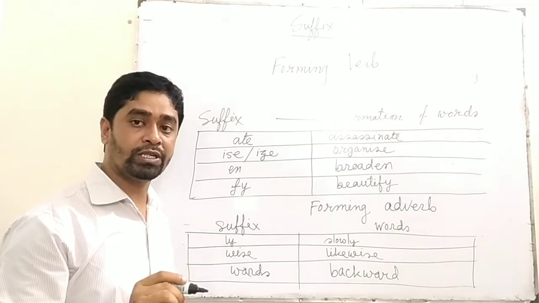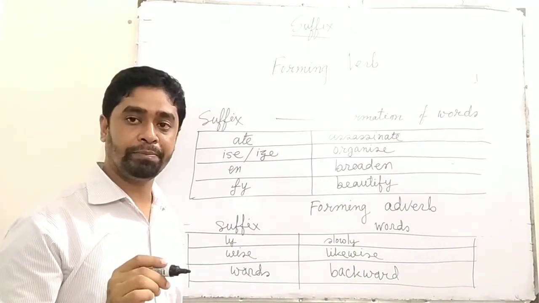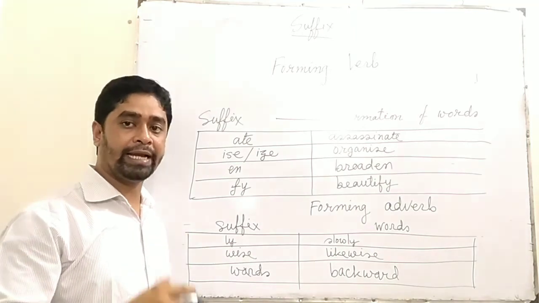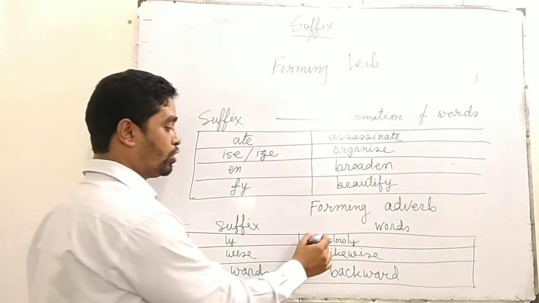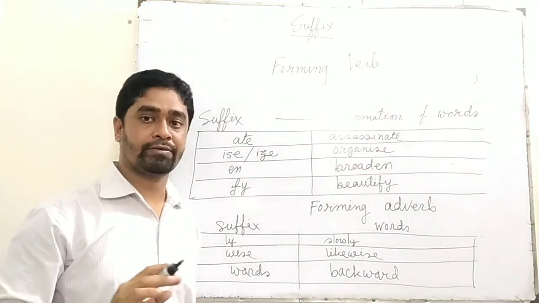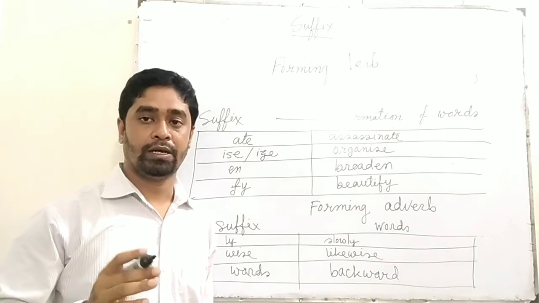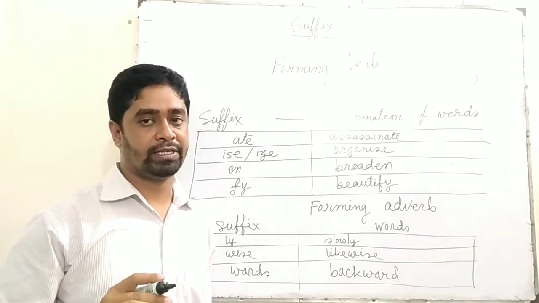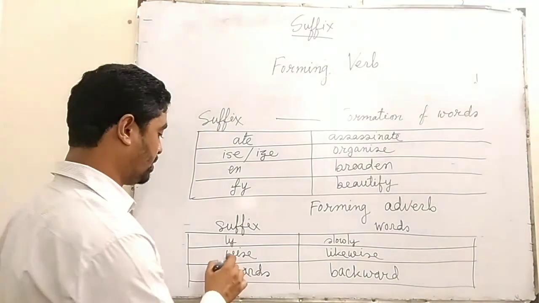In this word, slow is an adjective, but after adding ly with slow, it has changed its part of speech, and it has created an adverb.